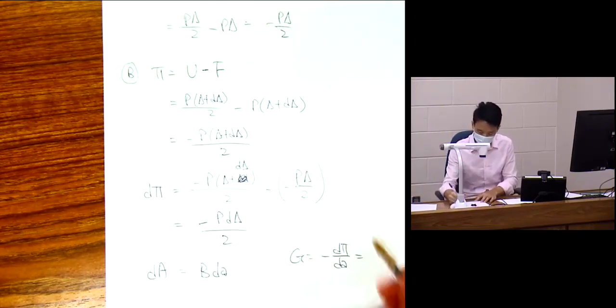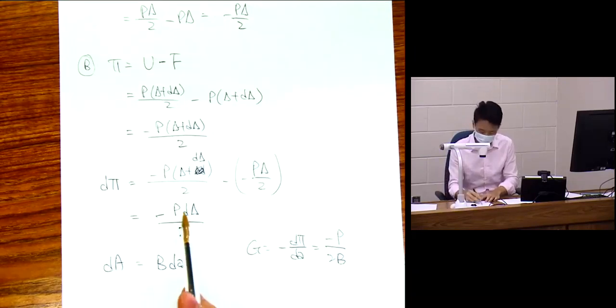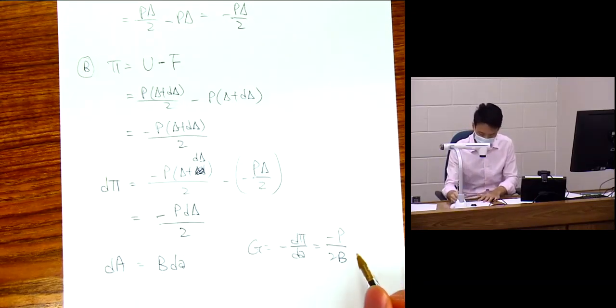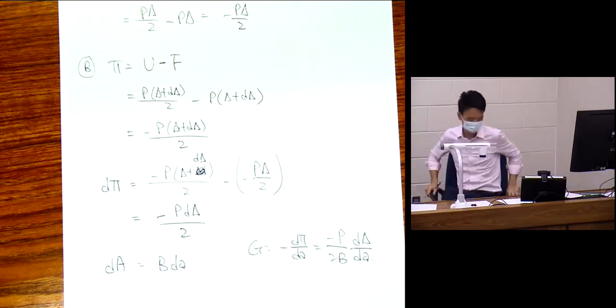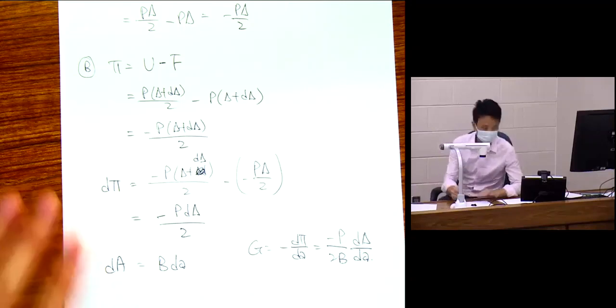That means that I just need to put them together. So P over B, d delta over dA. So this is the result for load control.